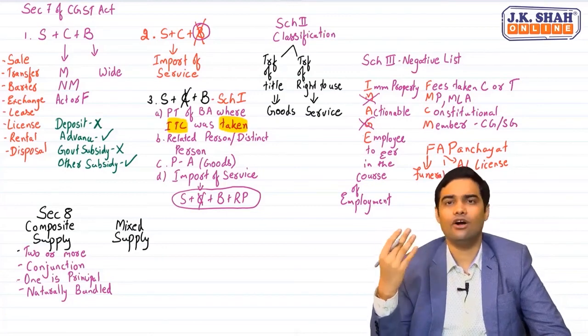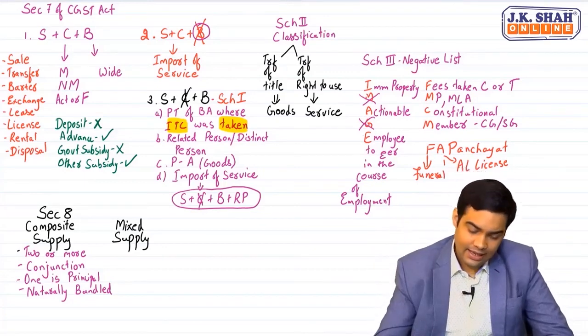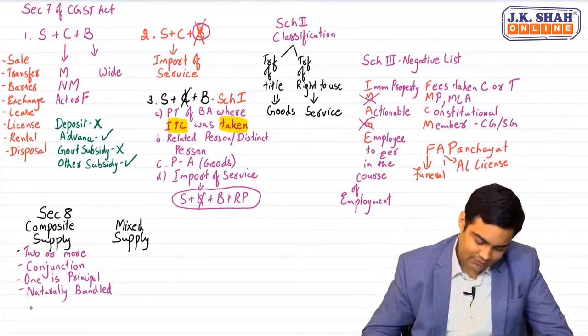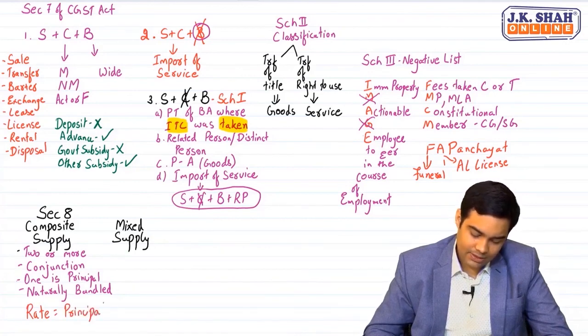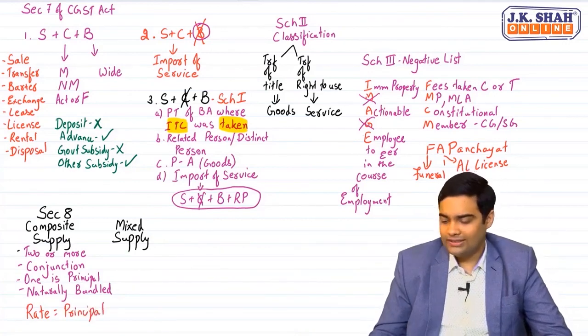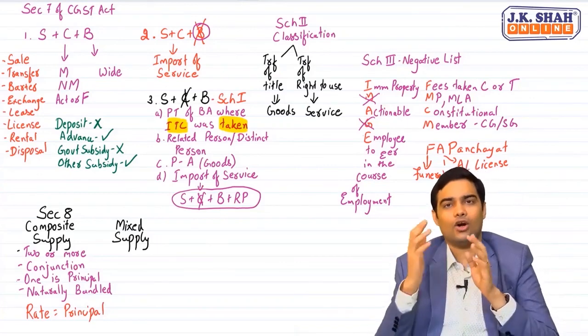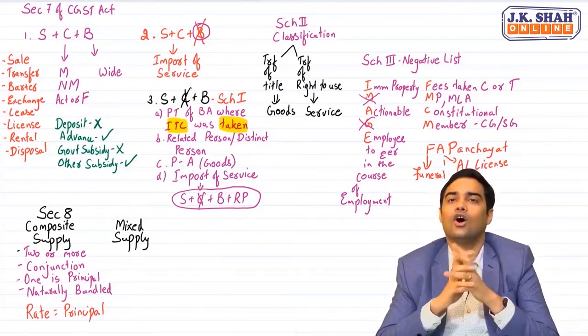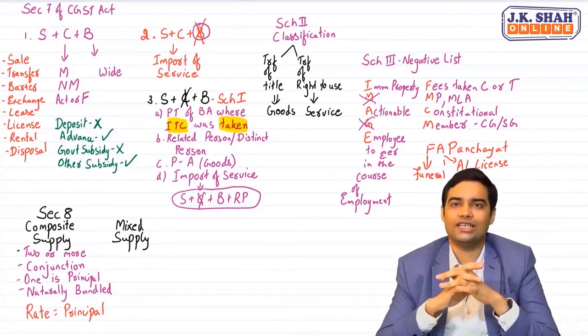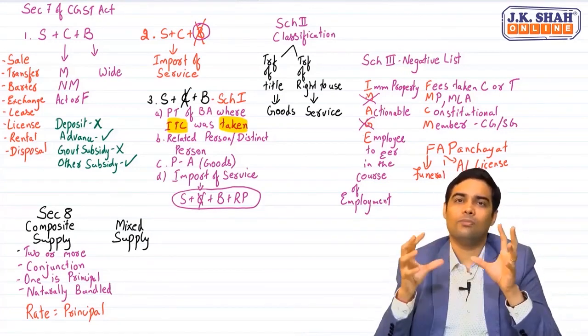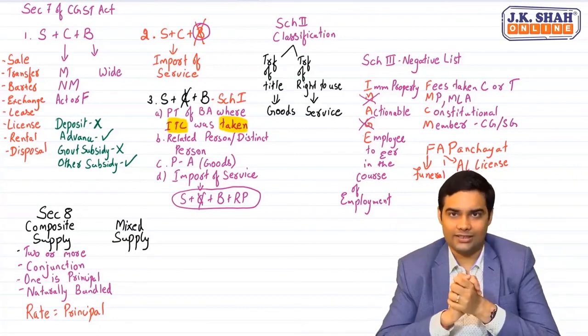That is the meaning of naturally bundled. If all these 4 are satisfied, then the rate of GST which will apply will be the rate of GST of the principal supply. So, for instance, when I talk about hotel accommodation and breakfast, hotel accommodation is the principal supply and the rate of GST on entire bundle would be of the hotel accommodation.